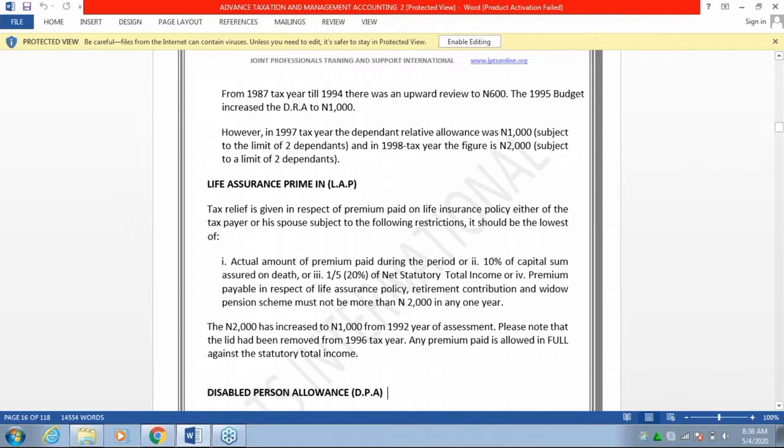Then premiums payable in respect of life assurance policies, retirement contributions, and widow's pension scheme must not be more than 2,000 naira in any 1 year.